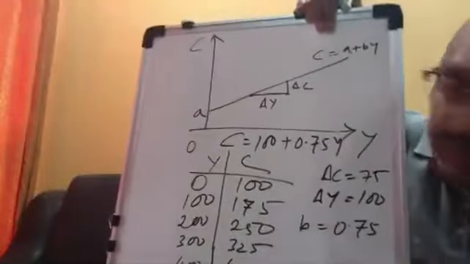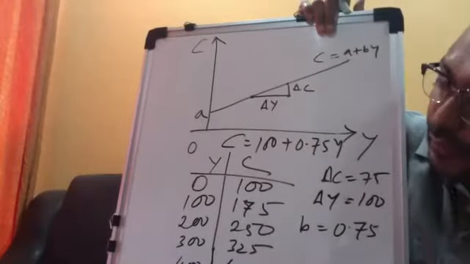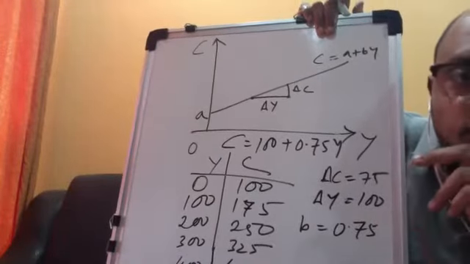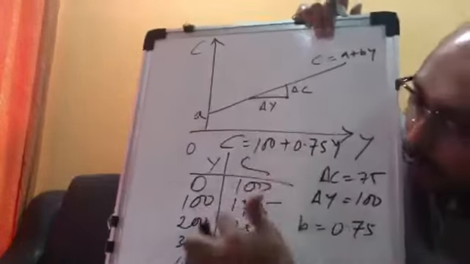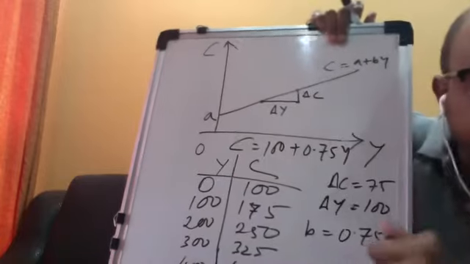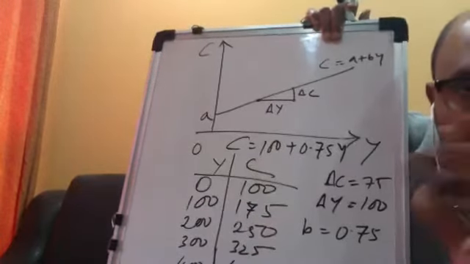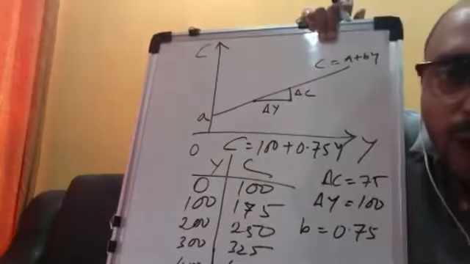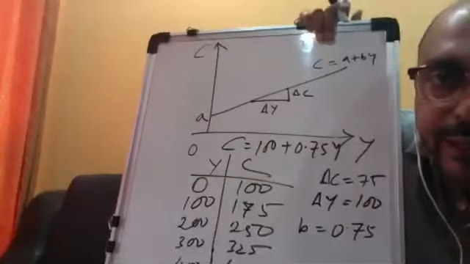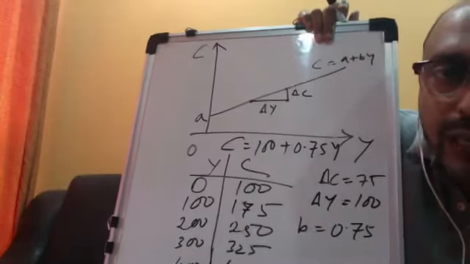C equals 100 plus 0.75y. So this is the consumption function. So you know now how to find out the consumption function from a schedule. Okay? You know it. Now the opposite thing, you practice at home. That is your homework.